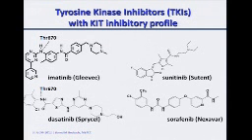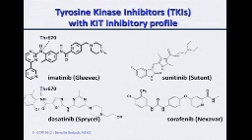So we are testing Imatinib and Dasatinib, as well as structurally unrelated compounds Sunitinib and Sorafenib in these mice, one after the other, and want to figure out how do these mice respond to these inhibitors.